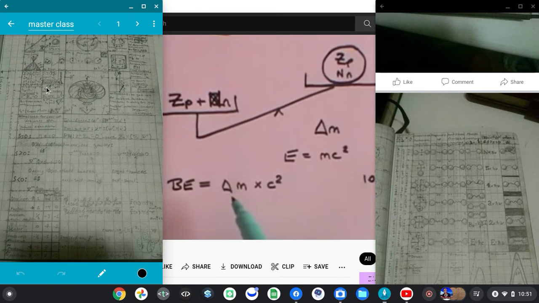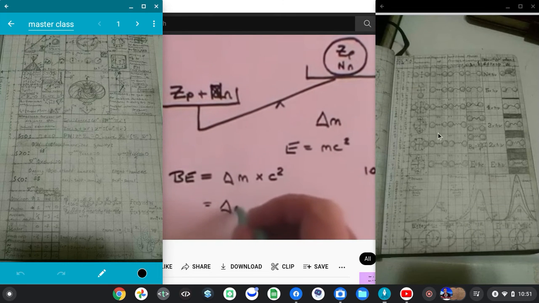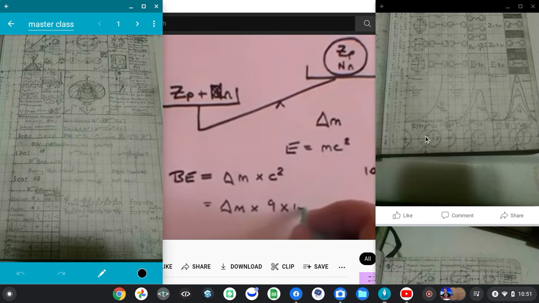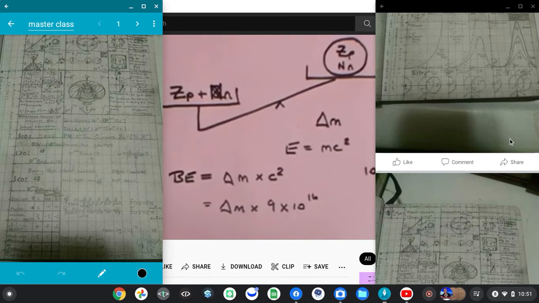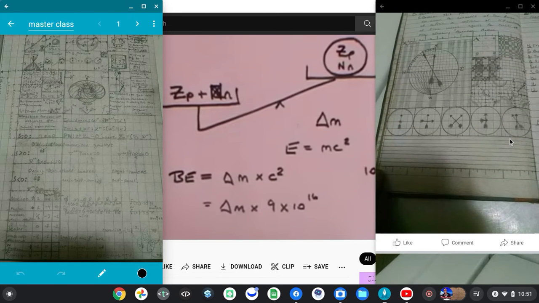Then c squared is 9 times 10 to the 16. Interesting. That's almost 10 to the 17th, you're already converting that, and that will be in joules.